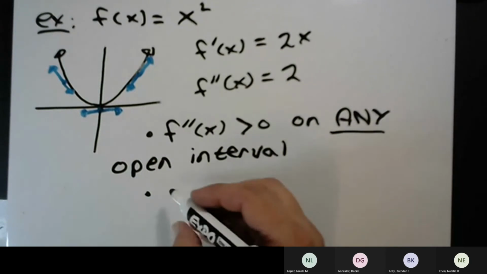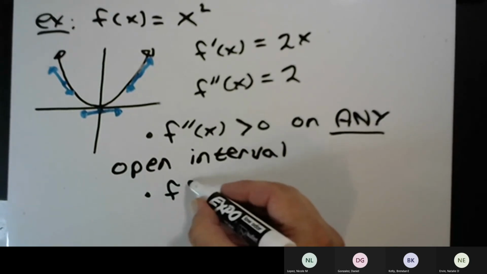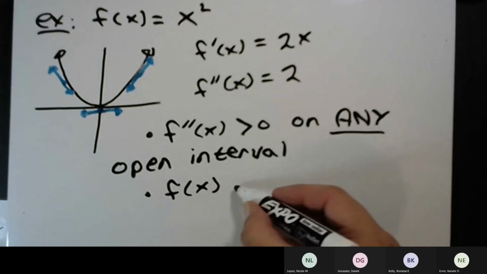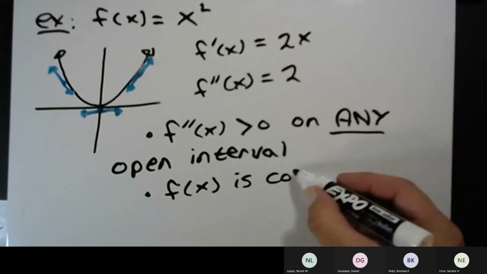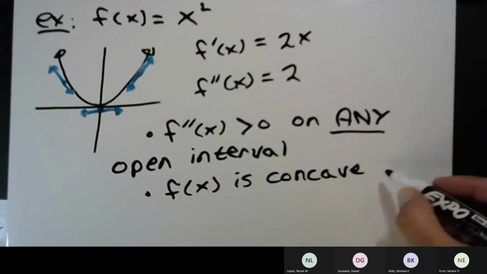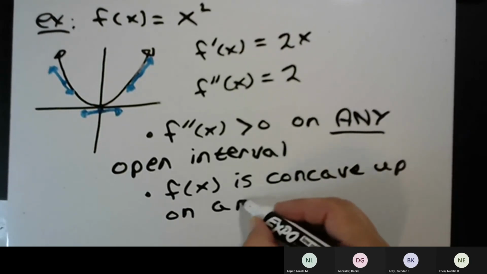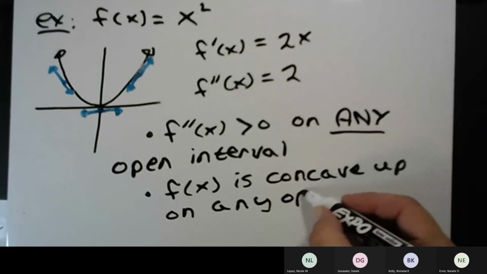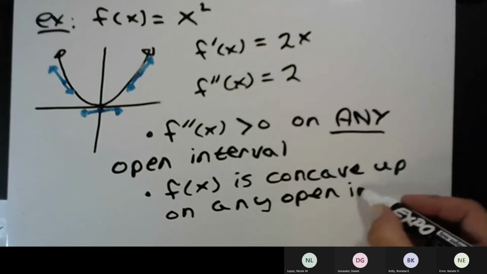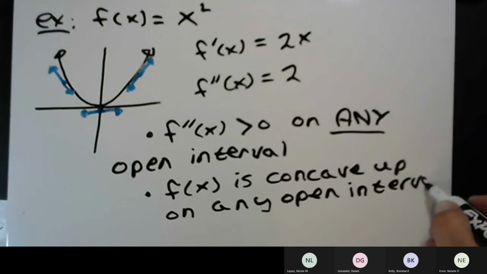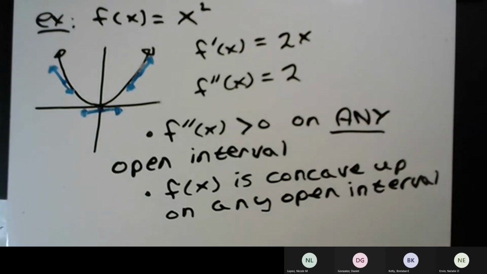So this means f of x is concave up on any open interval. Questions about that?